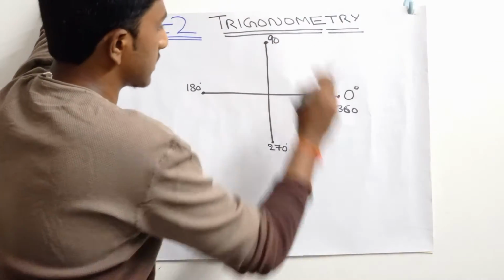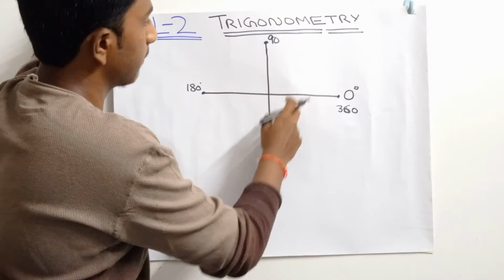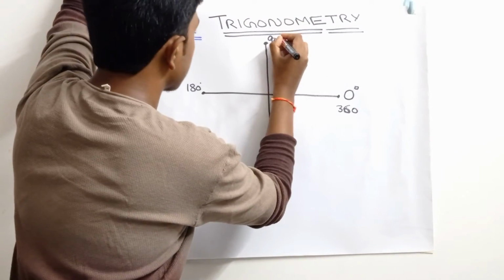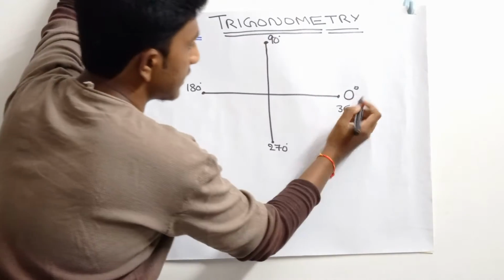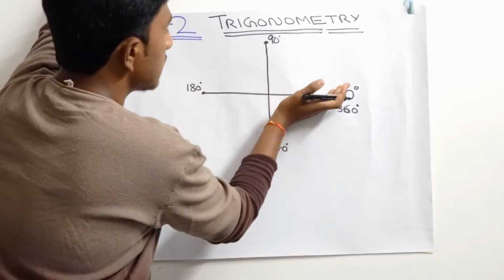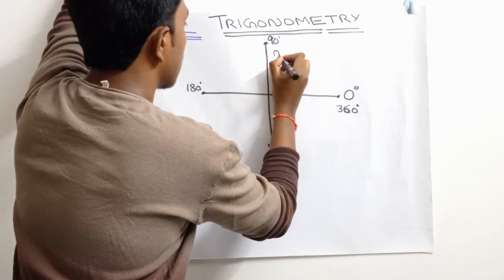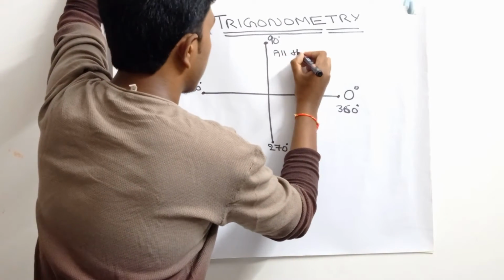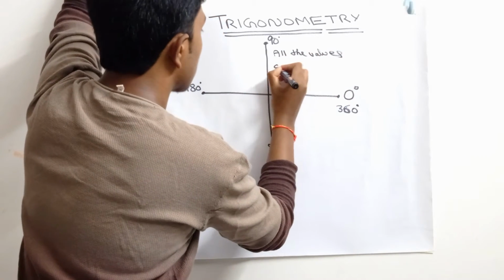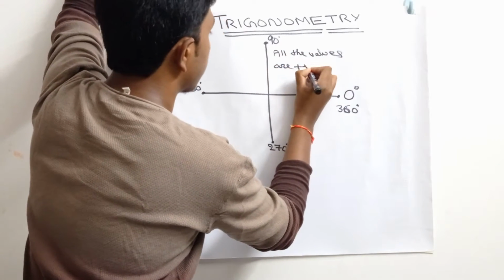Now we'll go into this table, this diagram. The angles from 0 to 90 degrees: here all the values are positive.